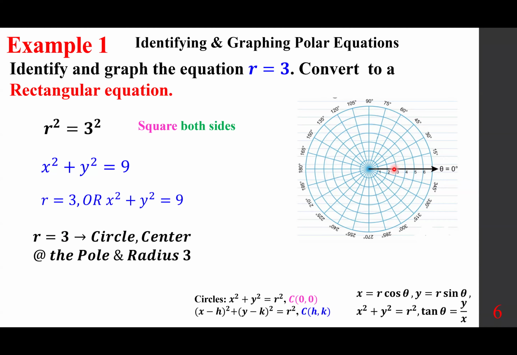So basically the third one. So r equals a constant represents a circle centered at the pole or the 0, 0.